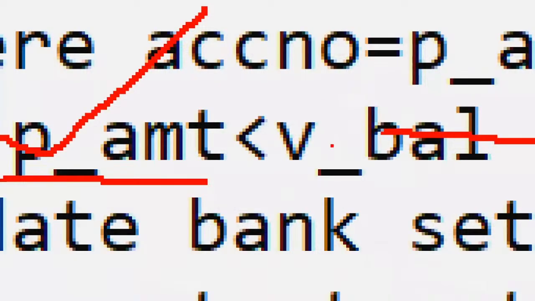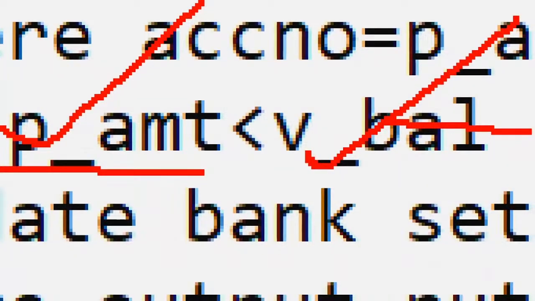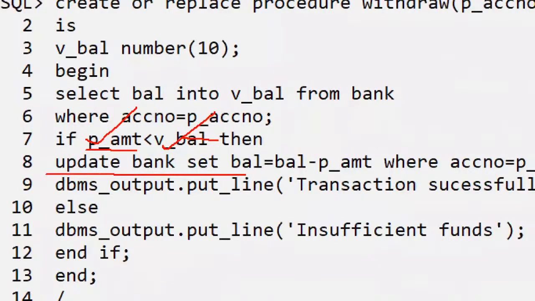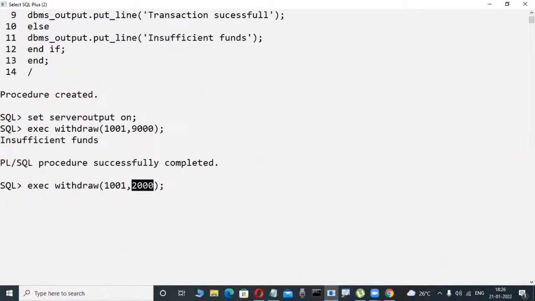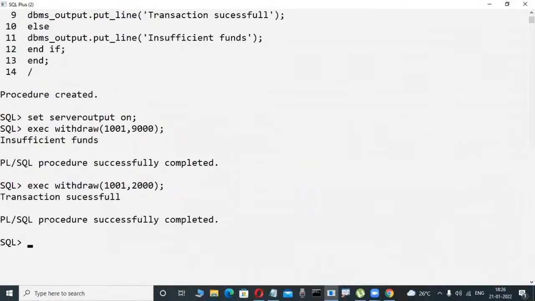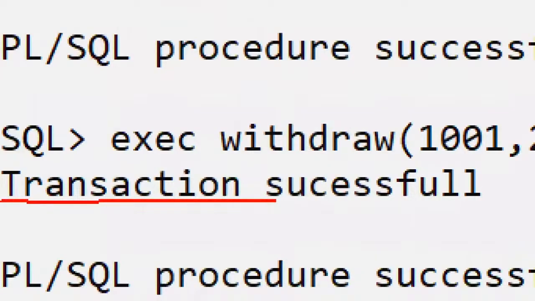I am updating the bank table, modifying it. The transaction is successful. Now whenever I'm executing, I want it to automatically display transaction successful.